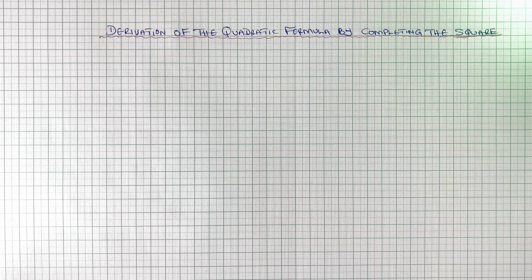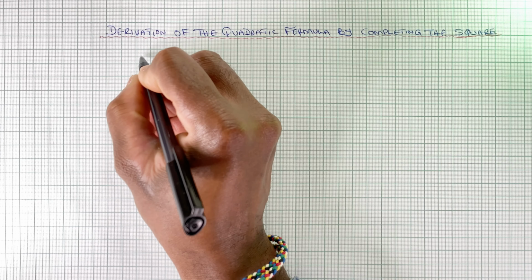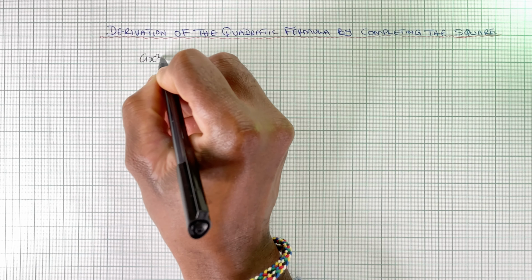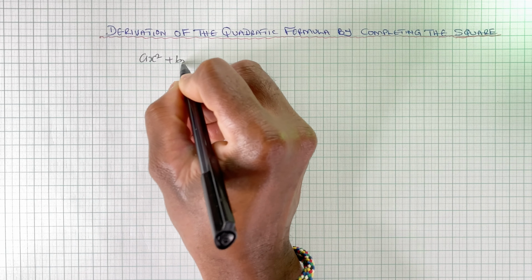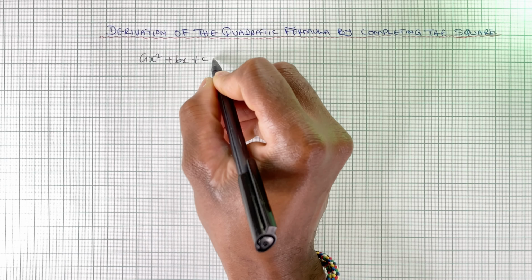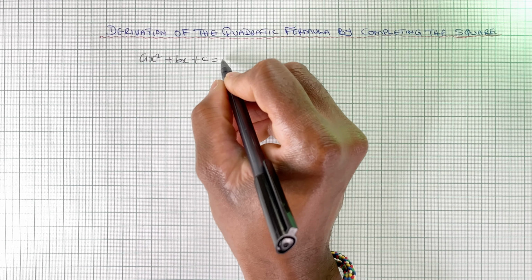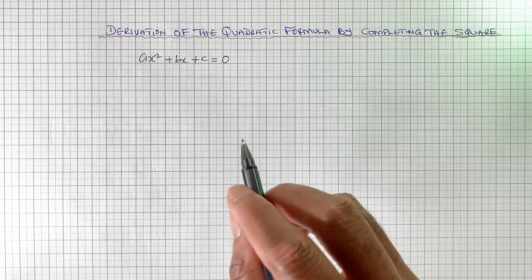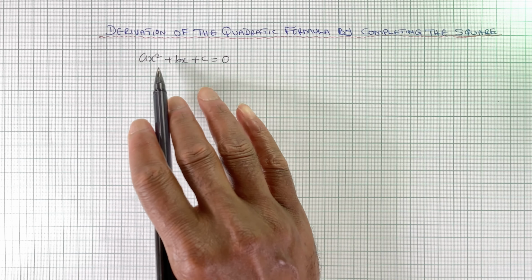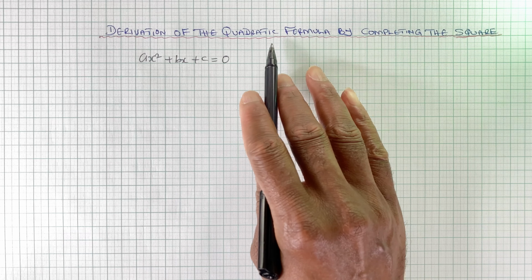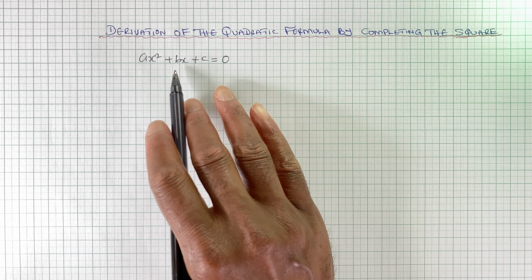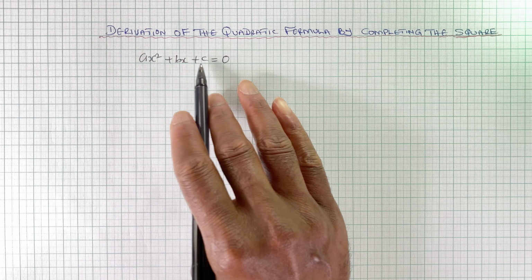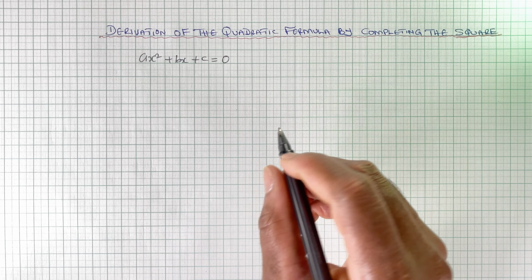A quadratic expression is written as ax squared plus bx plus c. If you turn it into an equation, it equals 0. Now, to write down the formula means to make x the subject.